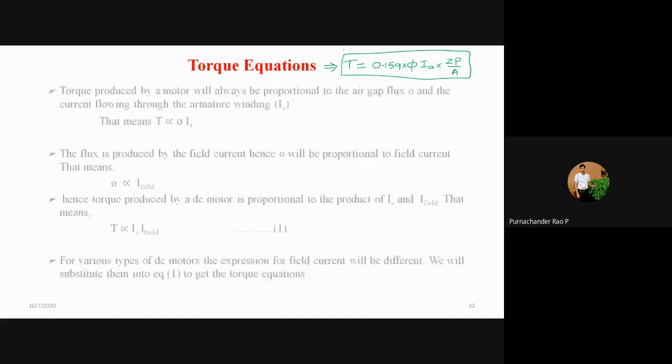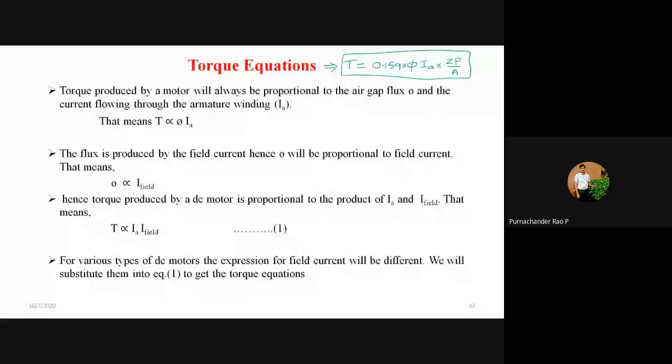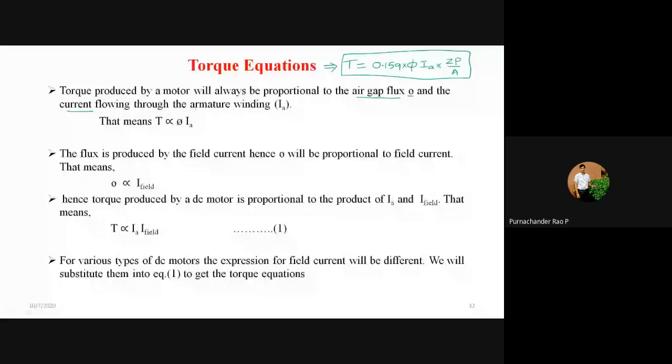From this relation, we can say that the torque produced by a motor will always be proportional to the air gap flux phi and the current flowing through the armature winding IA. That means the torque is proportional to phi into IA.